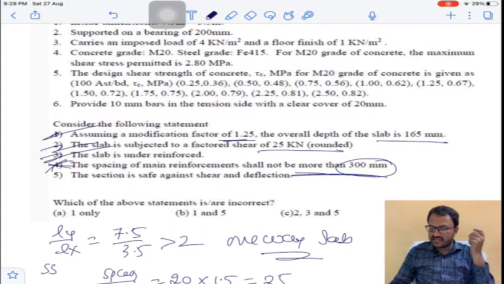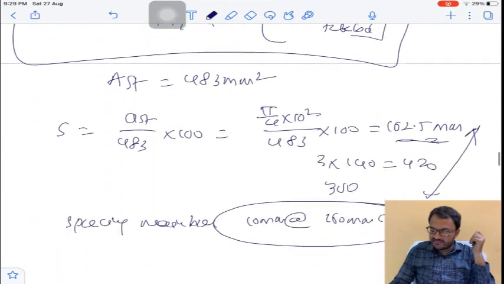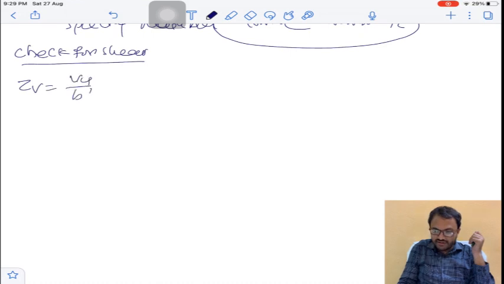And the section is safe against shear and deflection. So whenever he has asked to check for shear and check for deflection, I am doing here the check for shear. To check for shear, we need to calculate tau V is equal to VU by BD. So tau V is 25,000, B is 1000 and D is equal to 140, it will be 0.18.